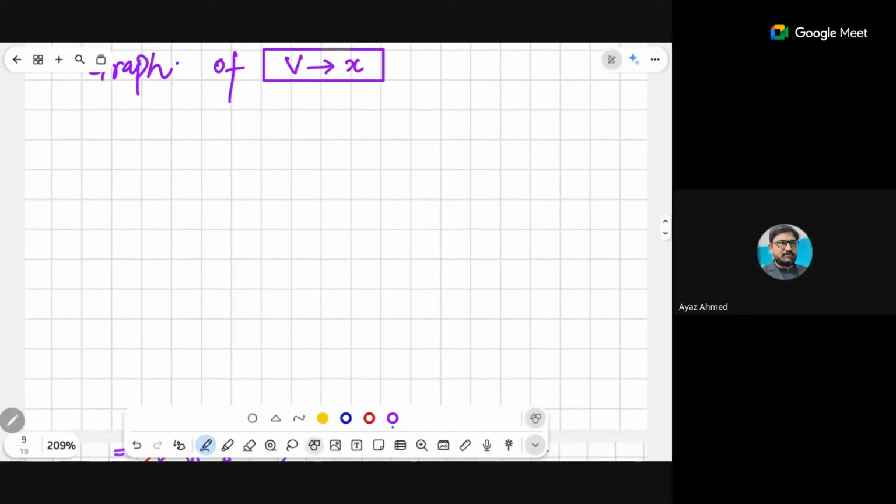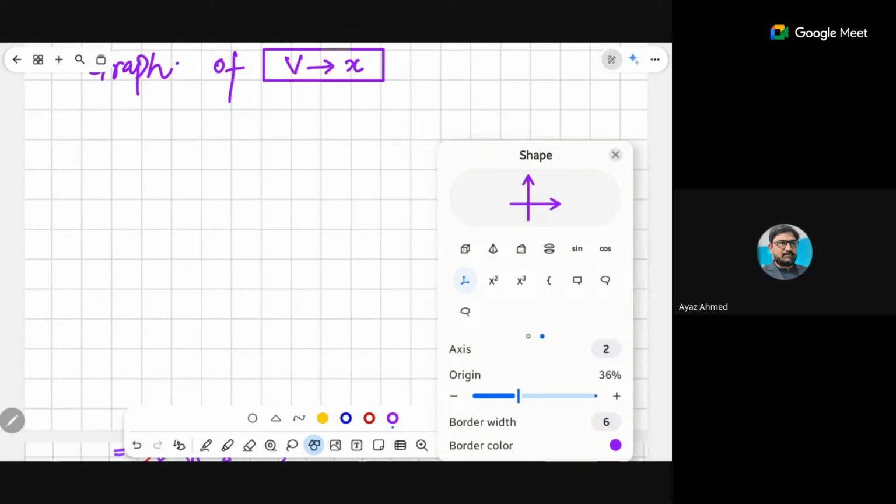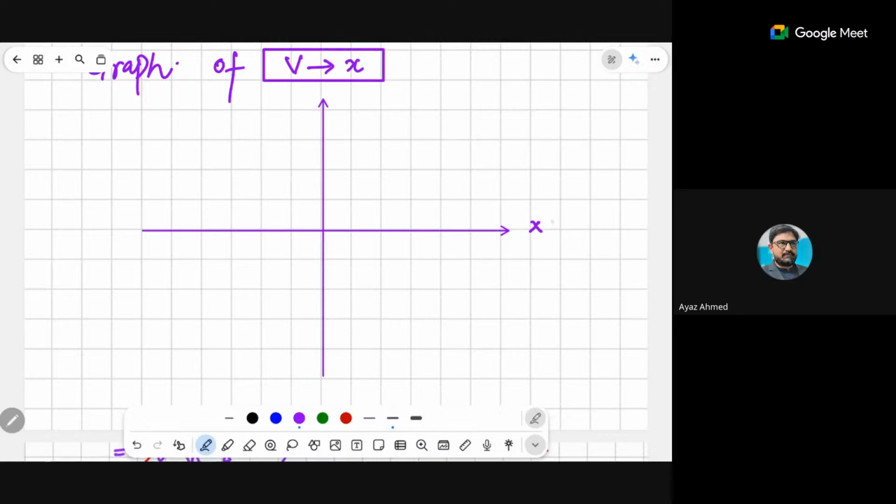The x-axis is your displacement, which can be in centimeters or meters, whatever, and the y-axis is your velocity v in meters per second. As I told you, the velocity is maximum at the mean position. So let's say this is the maximum velocity of the object.